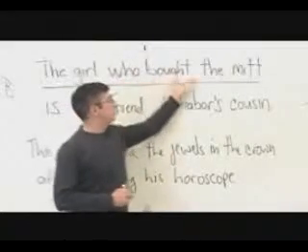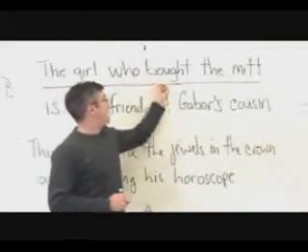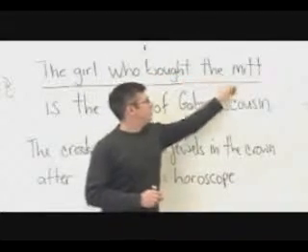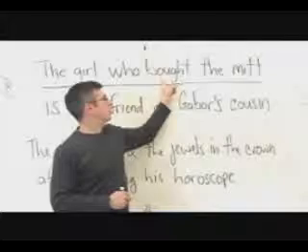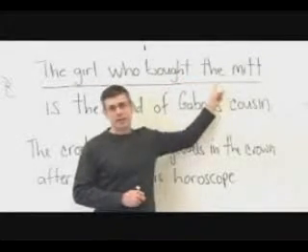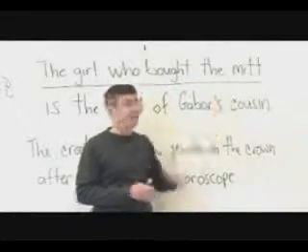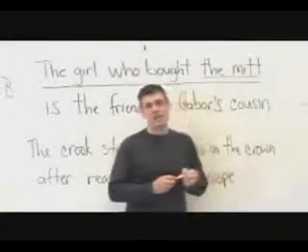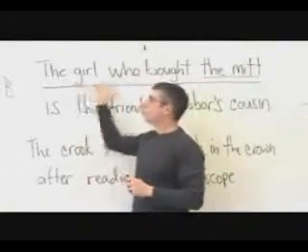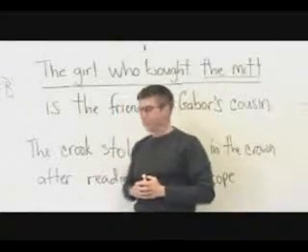Now, within this subordinate clause, we have this phrase, the mitt. Bought is the verb in the subordinate clause. Bought what? The mitt. That's what. So the mitt is a nominal phrase inside of this longer nominal phrase.